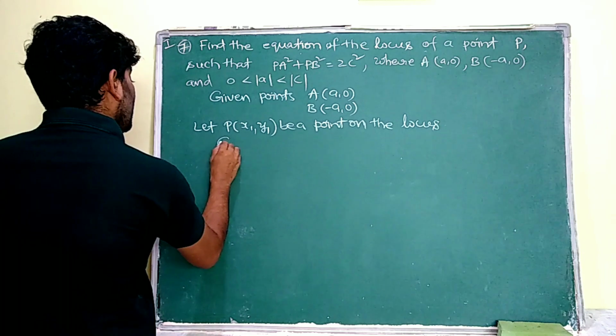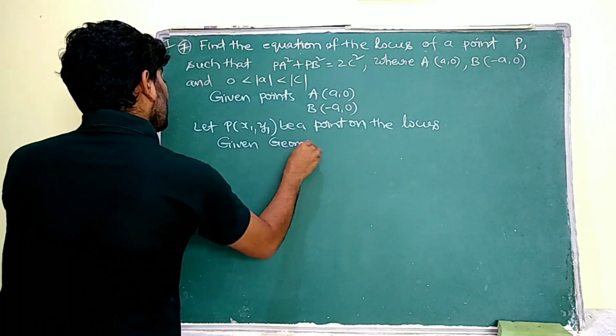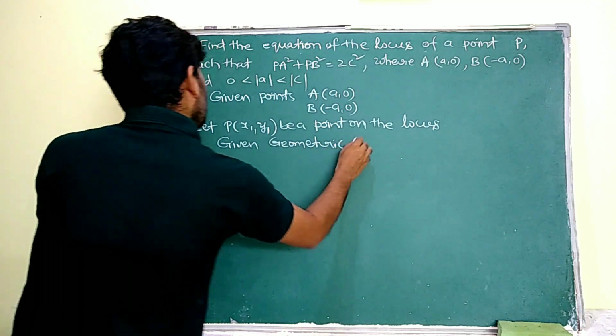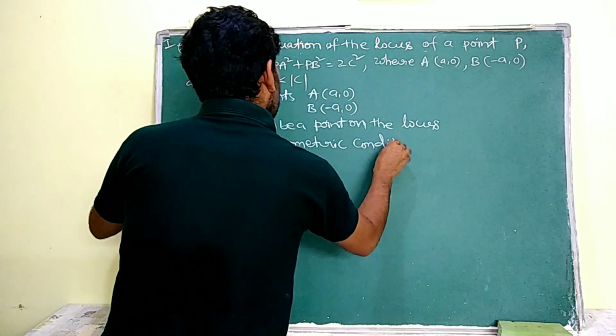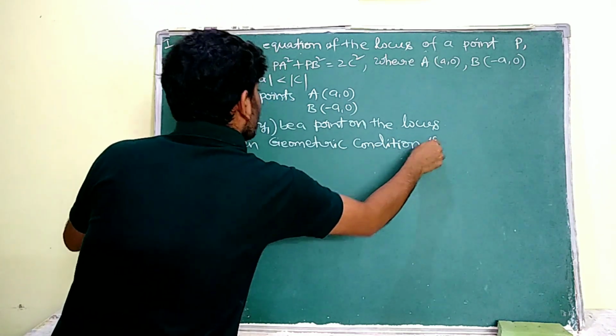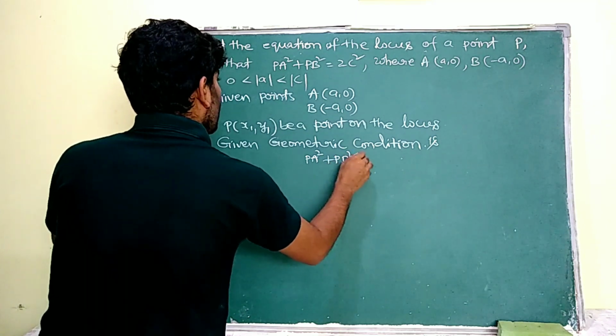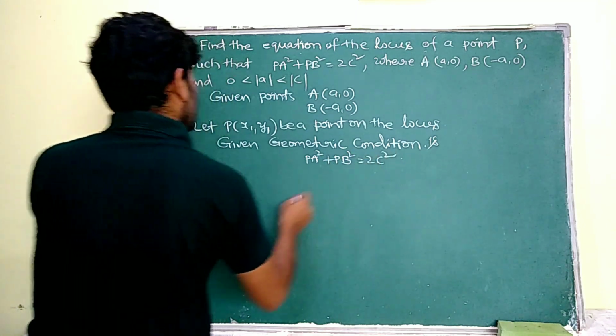Now the given geometric condition we have to write. The given geometric condition is PA square plus PB square is equal to 2c square.